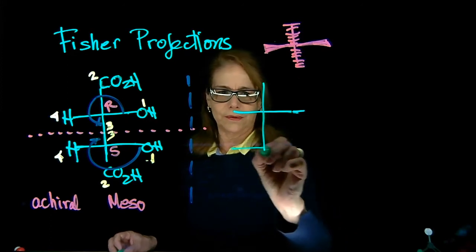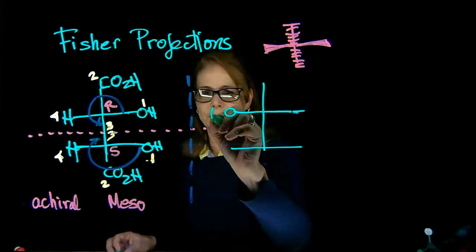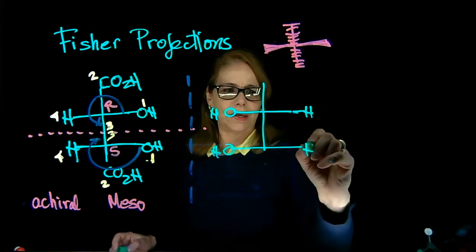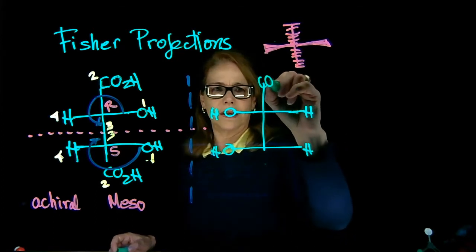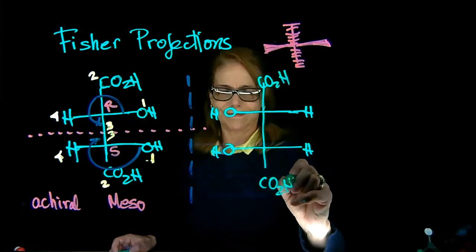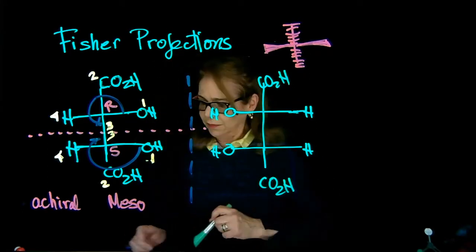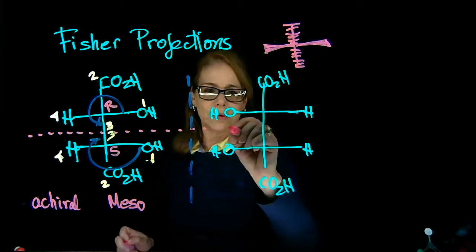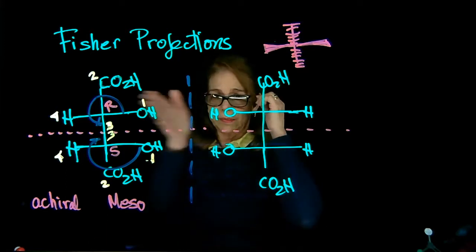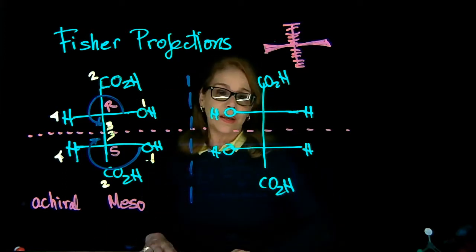Two chiral centers, right? And I see here OH, OH, H, H on that side, the carboxylic acid, and the carboxylic acid. Now, let's look at that. So again, we recognize, of course, that's the mirror image of that. But let's do the absolute configurations.